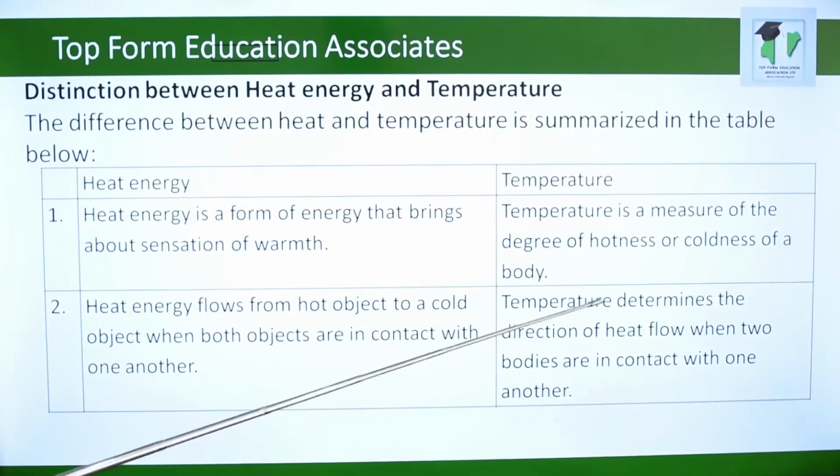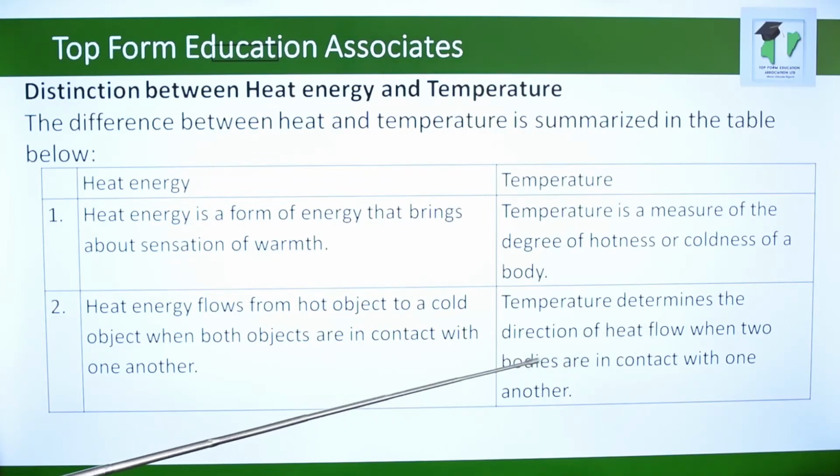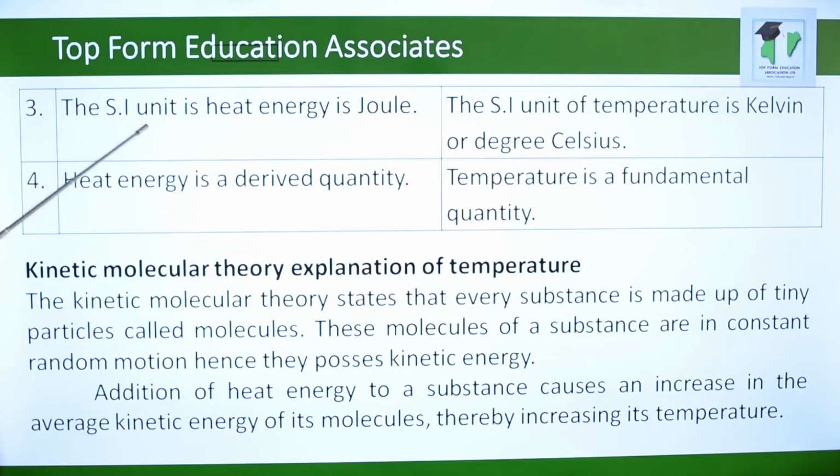While temperature determines the direction of heat flow when two bodies are in contact with one another. So temperature determines the direction of the heat flow, while we say that heat flows from a hot object to a cold object. Number three, the SI unit of heat energy is the joule, while the SI unit of temperature is the kelvin or degree Celsius.